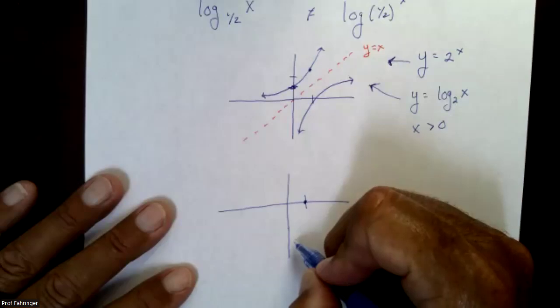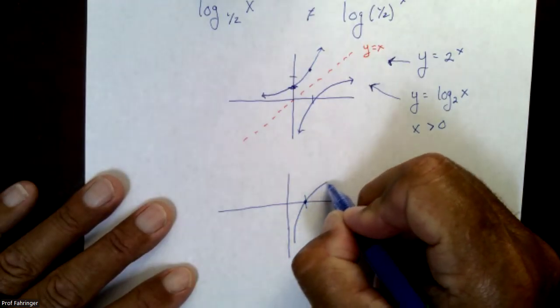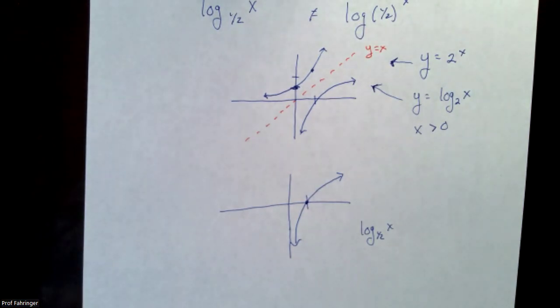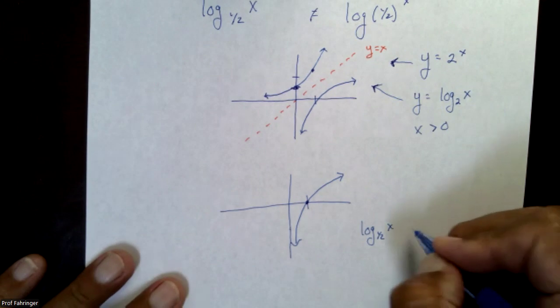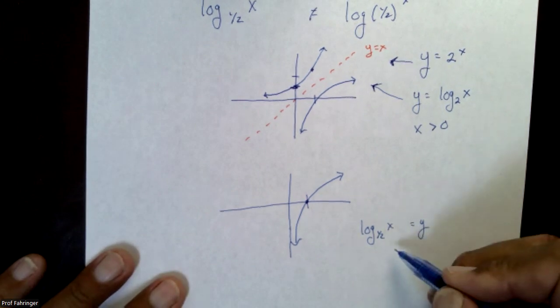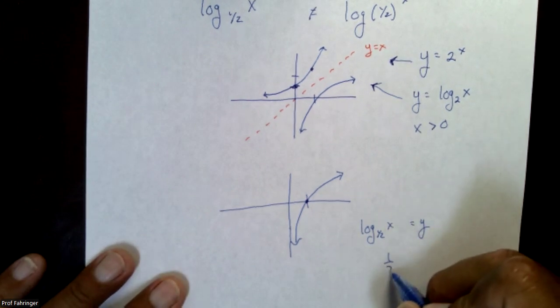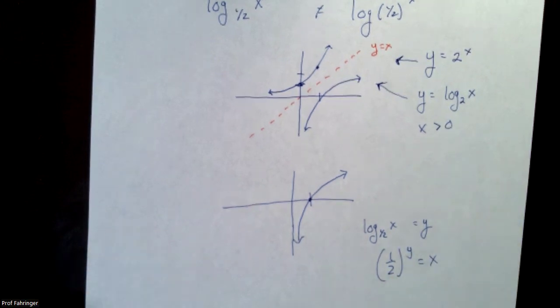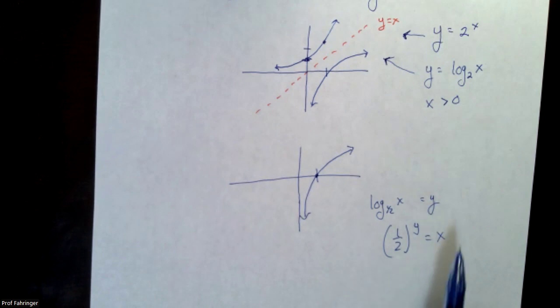And again, I could do this 1/2 to the y power equals x. And if I wanted to put values in, I could, but that's what the graph's going to look like.